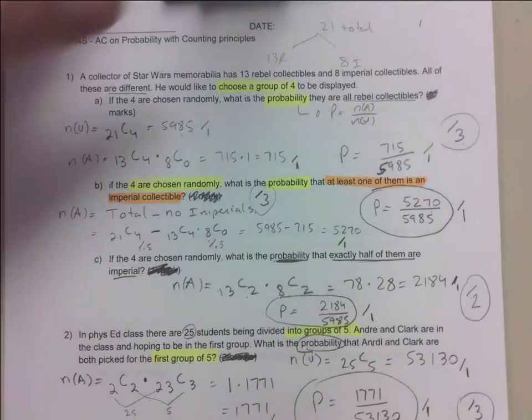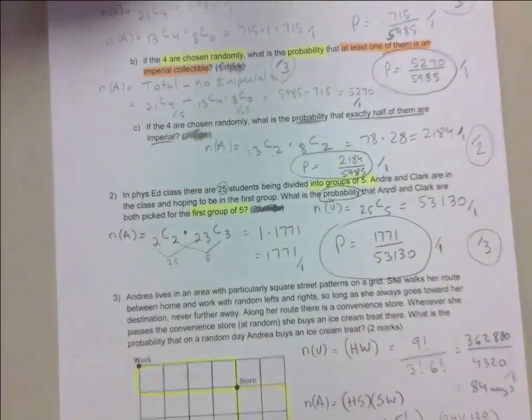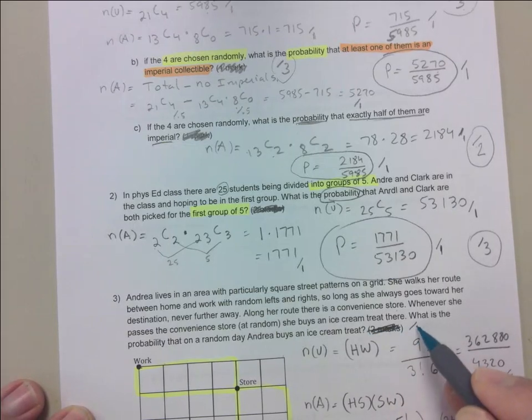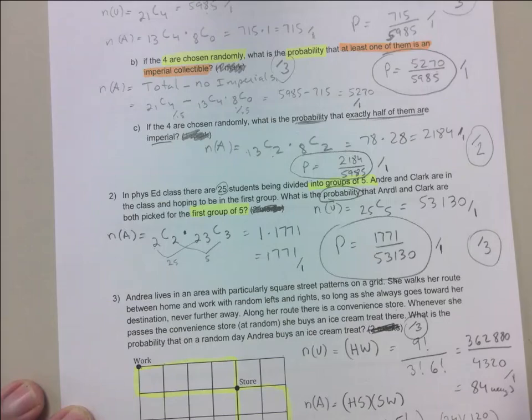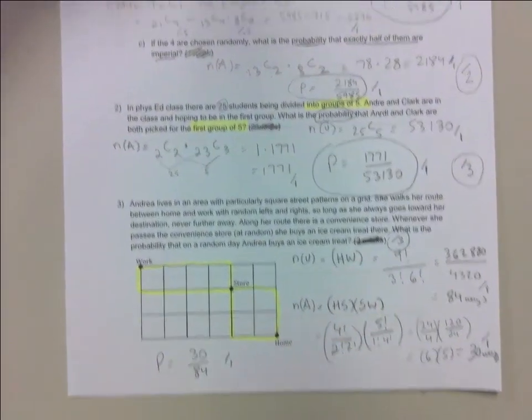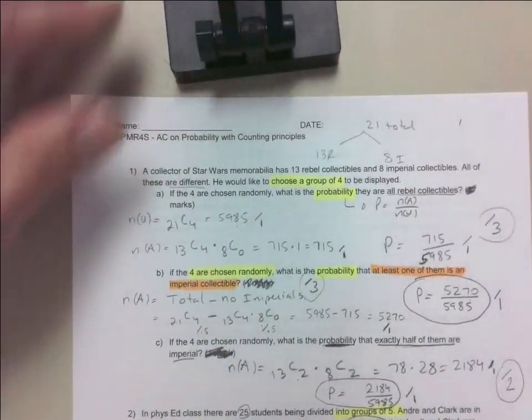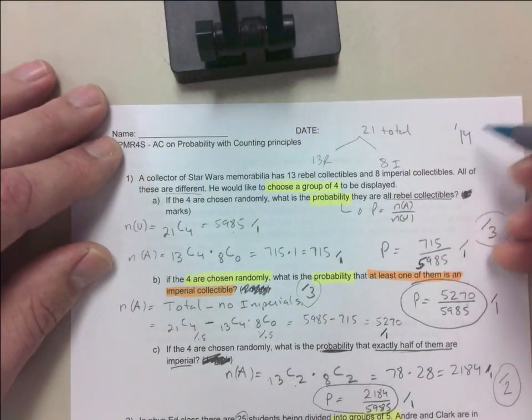Another 3 is 11. And then the last question is also worth 3. So we're sitting at 14 for this question if you did that right. So the total is out of 14 for this assignment. So let's put that at the very top here. This is out of 14.